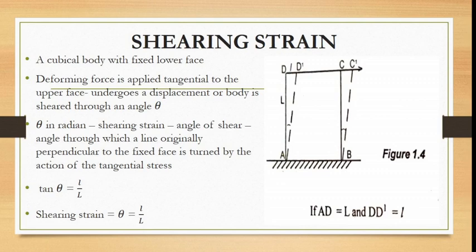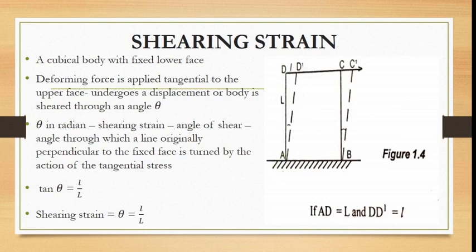And this upper face undergoes a displacement, or we can say that the body is sheared through an angle theta. The deforming force is applied tangential to the upper face, so that it undergoes a displacement, or the body is sheared through an angle theta.